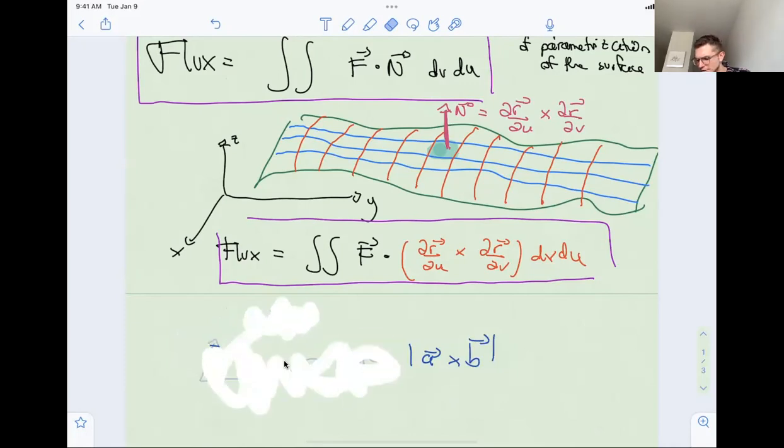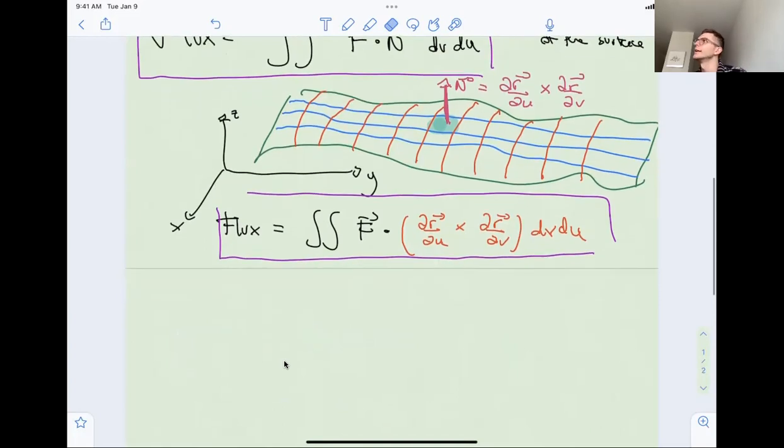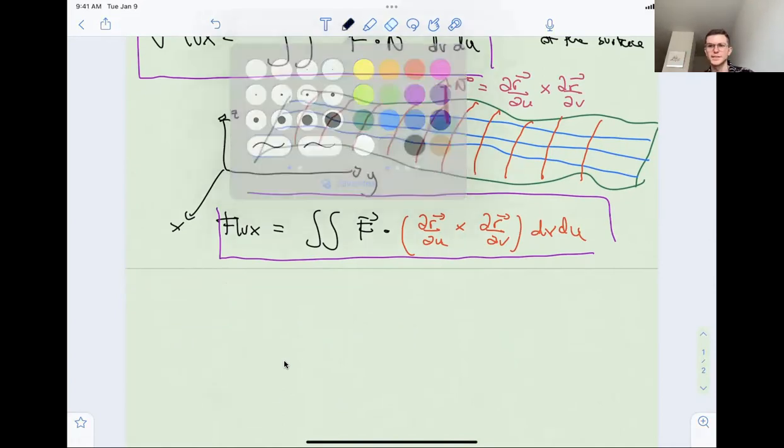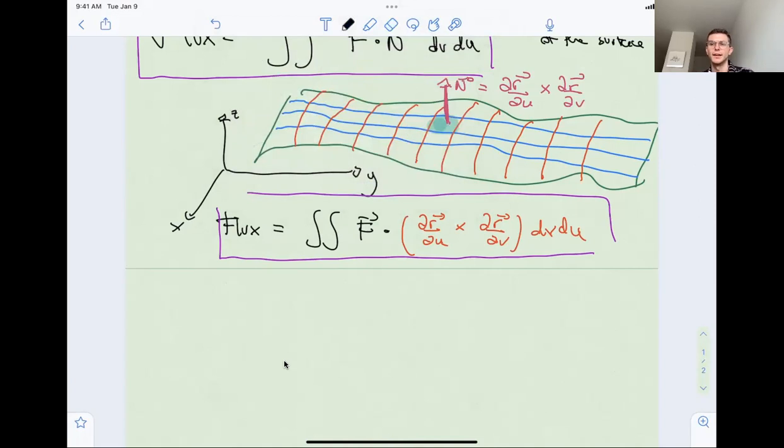So let's do some examples so that you see in practice. In any case, the idea of flux is heuristically telling you how much stuff is going through a surface. That's how you should think of flux. It has to do with whether or not you can escape something.